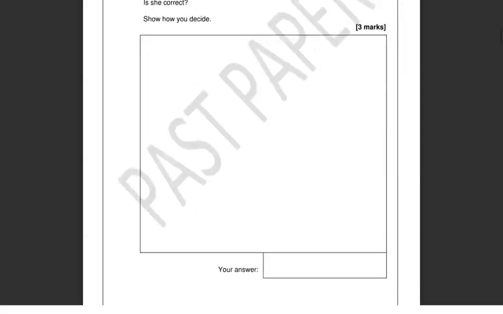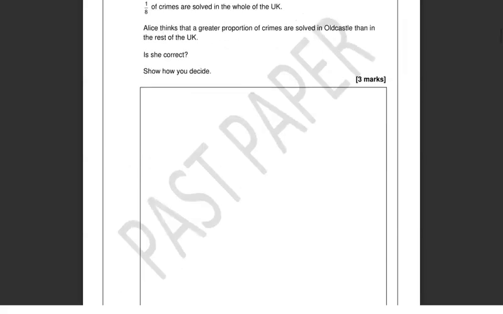So when you say that solved in Oldcastle, the ratio is 2 to 9. So that's going to be 2 over 11. And for the whole of the UK it is 1 over 8.